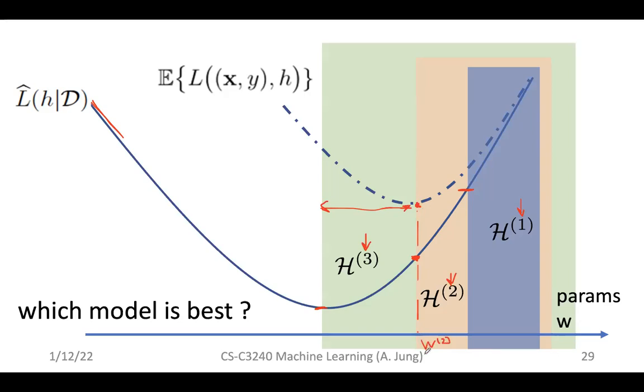This is the one which we learn when we use polynomial regression with degree 2. We end up here. This would be the one that we learn with polynomial regression degree 3. And if we look at the corresponding risks, this optimal weight vector for degree 3, optimal in the sense of empirical risk, is very suboptimal in terms of risk, whereas this weight vector here is almost the optimum weight vector for the risk. So in this case, it's model 2.